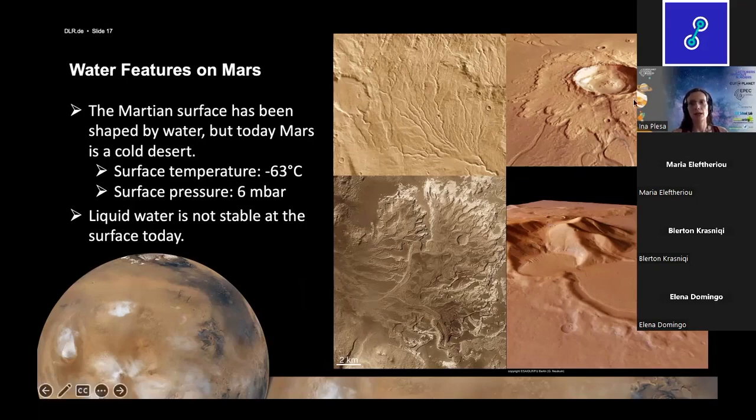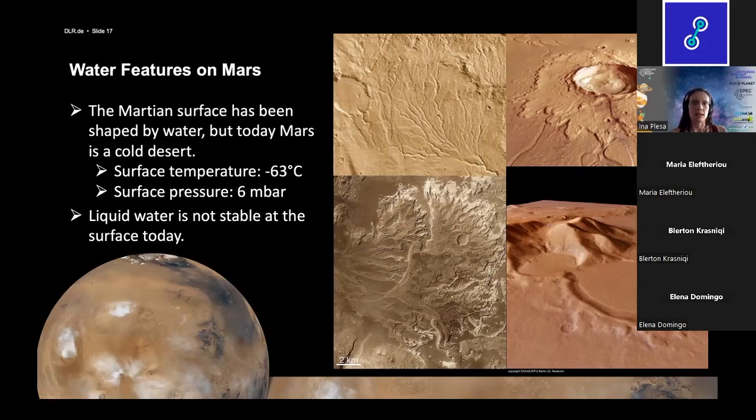Here at the top, you can imagine you have an impact onto the surface, and if you have some ice in the subsurface, you have this catastrophic outflow from the impact location. And also we see traces of glaciers on the surface of Mars.